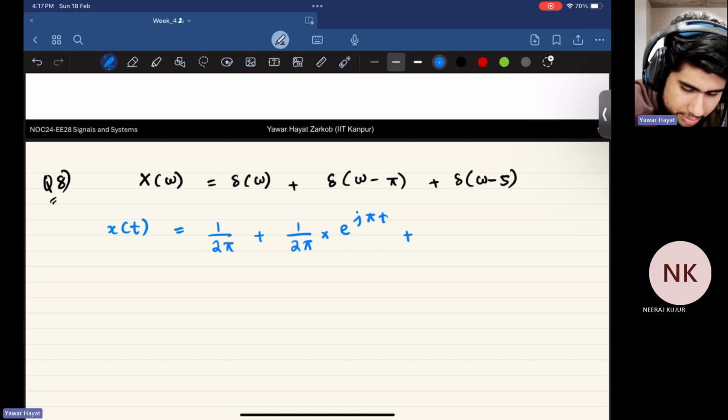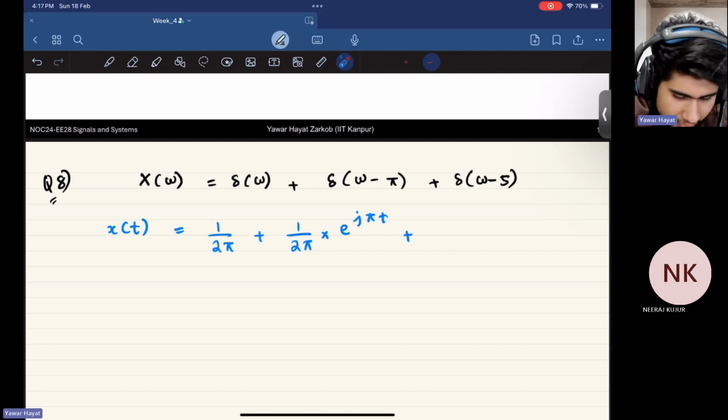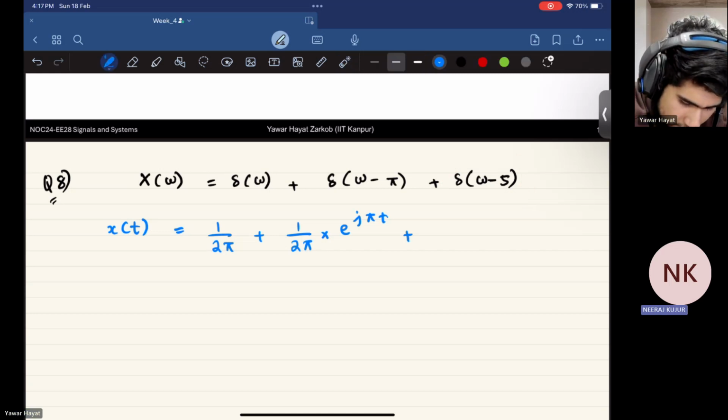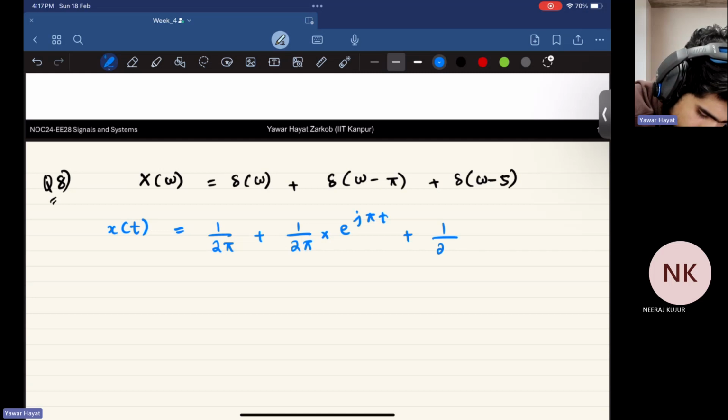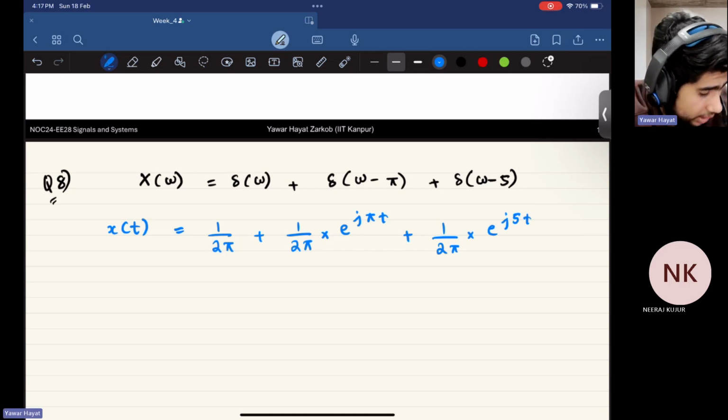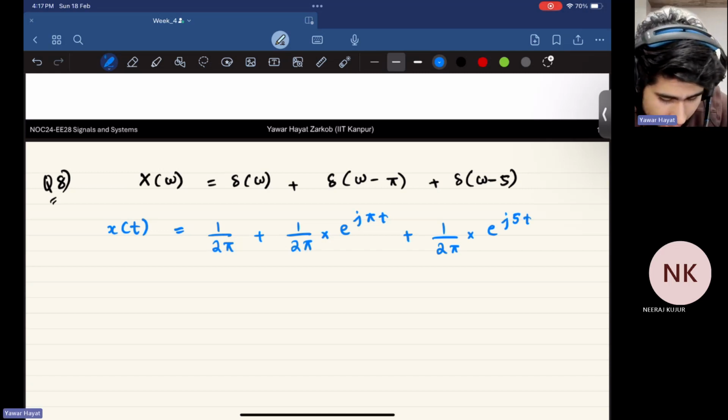Similarly, what should be the inverse Fourier transform of this one? 1 by 2 pi multiplied by e to the power j 5t. Now this was part one of the question.